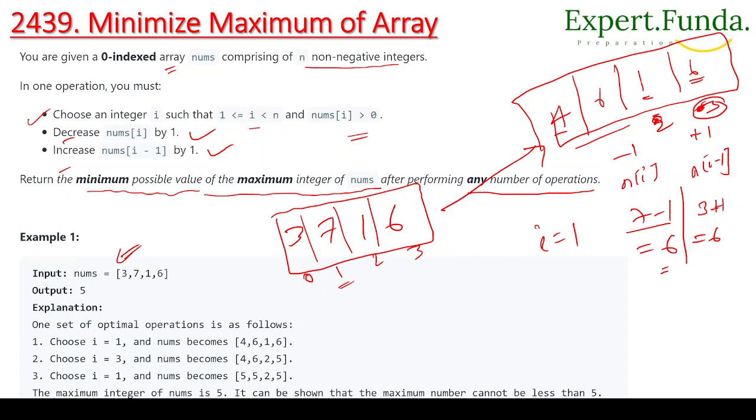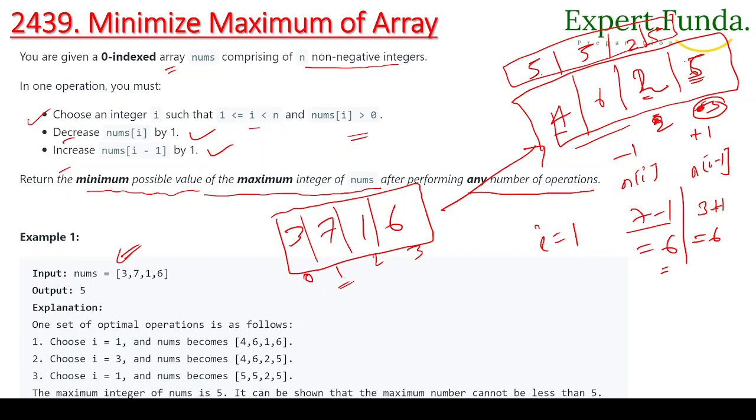So if you increase this, it becomes 2, and this becomes 5. Similarly we start again with this position, we increment this by 1 and decrement this one, so this becomes 5. After that we are not doing anything here, we keep it like that, so the array becomes like this.